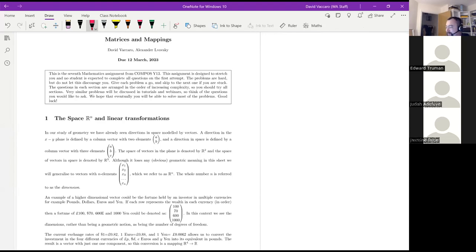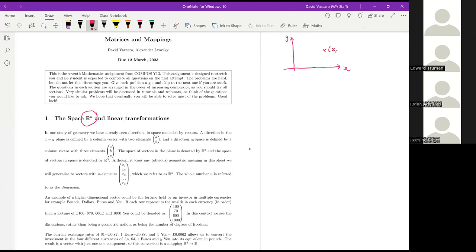Yeah, it's visible. Excellent. So the first thing we're going to introduce is a wonderful thing, which is the space Rn. Now, I think we're all, from quite a young age, used to the plane. So we've got our x and y axes, and we can represent a point in the plane as a pair xy.